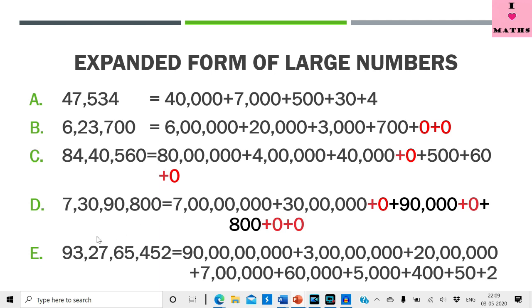I hope children you would have understood. Let us practice one last number. Don't be impatient. This number has no zeros. Please see this.